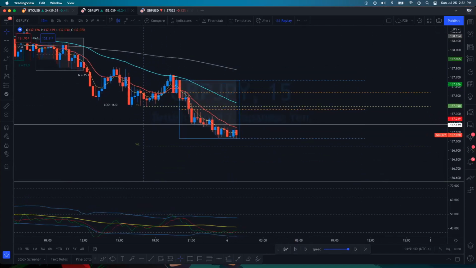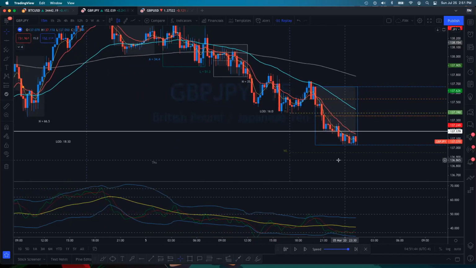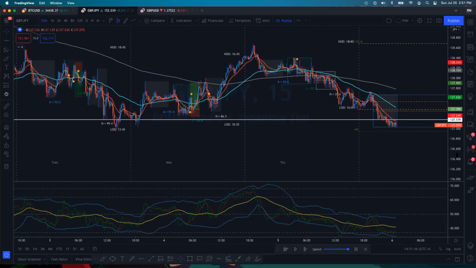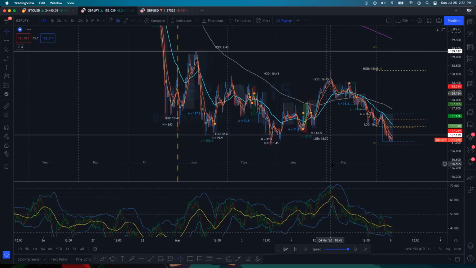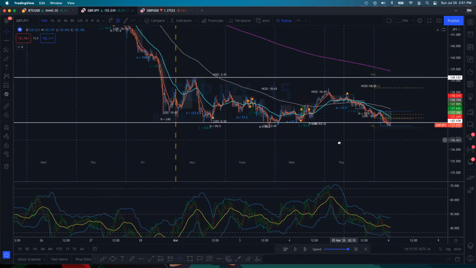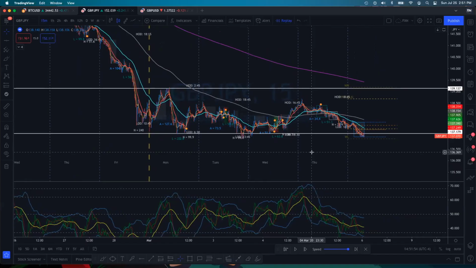So we're at Friday. If we take a look at the whole week, it's Friday now. Price pretty much stayed sideways the whole week.